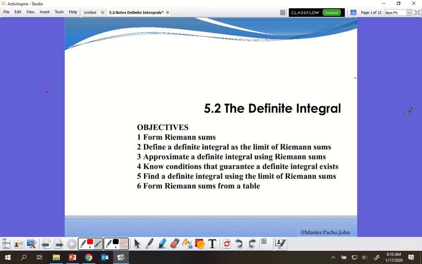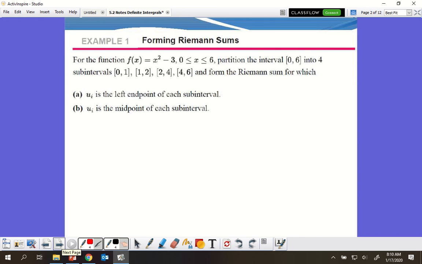So anyway, all right, I'm going right here. Forming Riemann sums. It says for the function from 0 to 6, that means my interval is from 0 to 6, and I'm including both 0 and 6. Partition the interval into 4 subintervals, so that means my n is equal to 4.